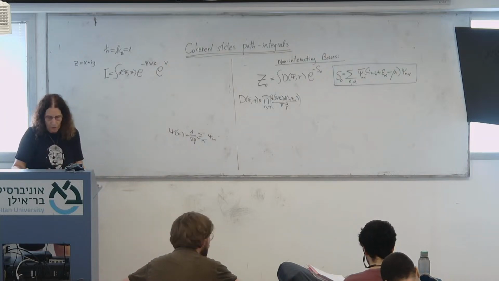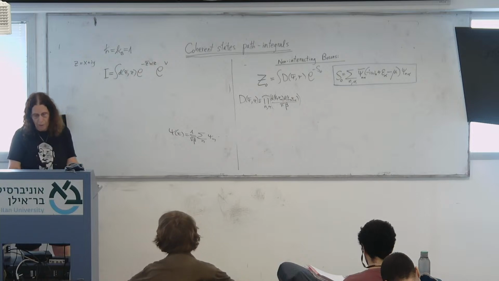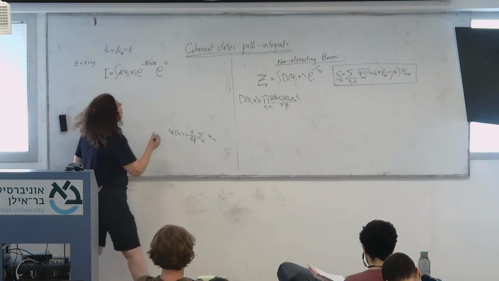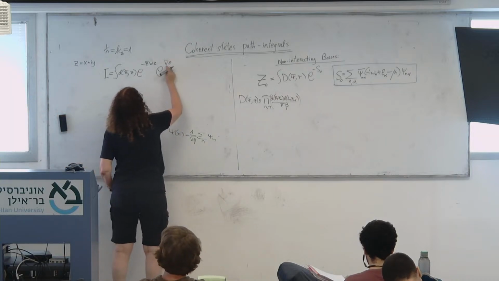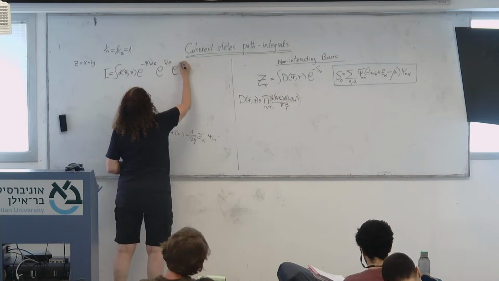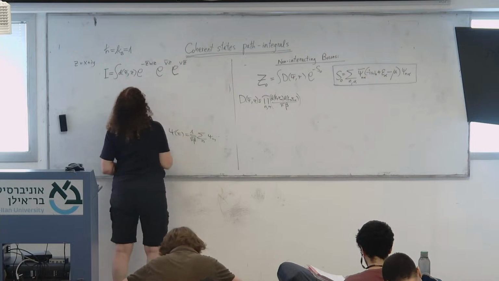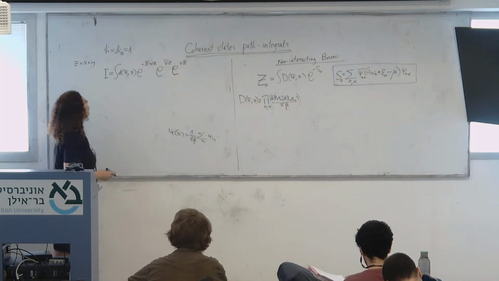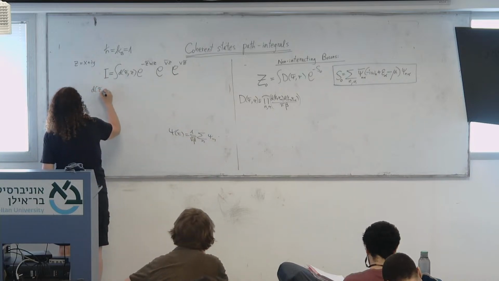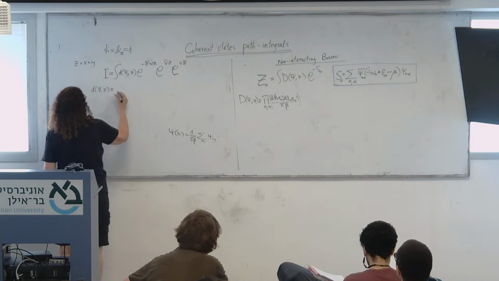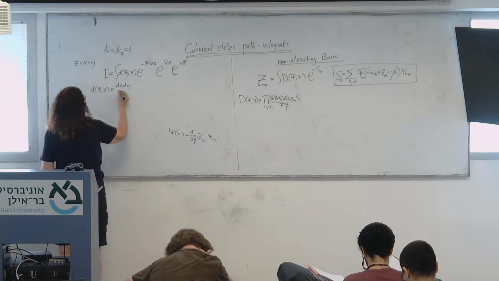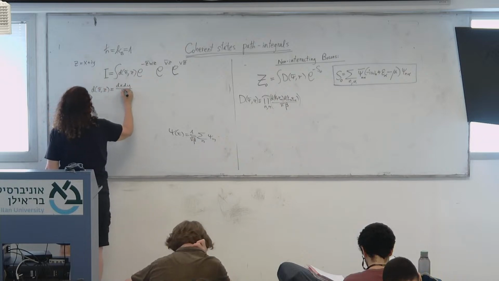I'm writing a general integral, but we're going to solve it now for a simple case. I'm also allowing a linear term here of the form v z bar. And here d z bar z is defined as dx dy, the real and imaginary part, divided by pi.